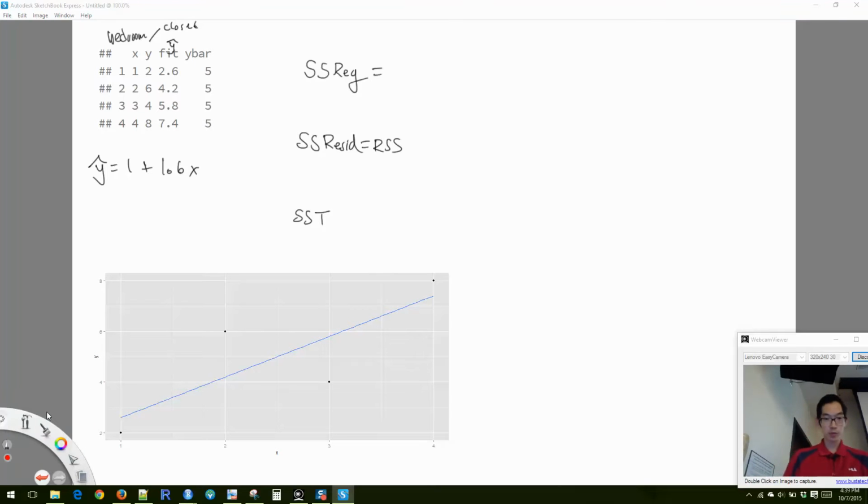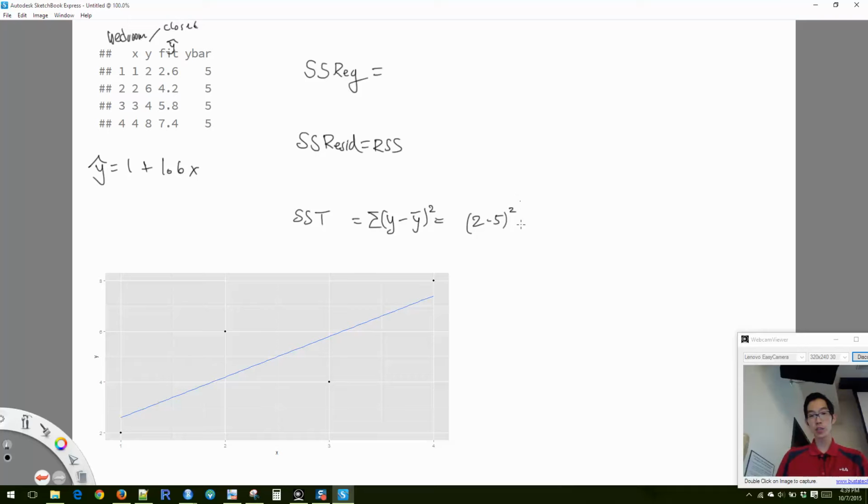Okay, so what we're doing is we're saying if we look at the total sum of squares, let's do this first. We just want to look at each data point y minus y bar, and we're going to square this. So we're kind of getting at the idea of the variance, but we're not dividing by n minus 1. So we say, okay, y was 2, and we're going to do 2 minus the y bar, which is 5.